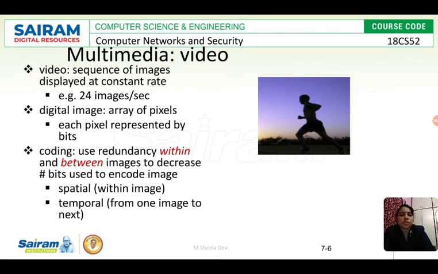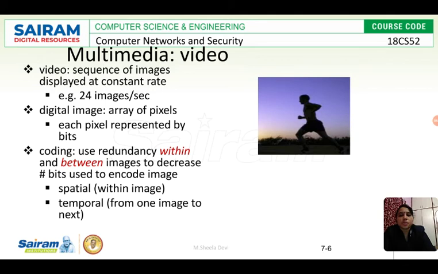So we have to compress the video data and send it through the network to reduce the bandwidth. How can we compress the data? There are two ways to compress: one is spatial encoding and the other is temporal encoding. Spatial encoding is done within the image, and temporal encoding is done from one image to the next.